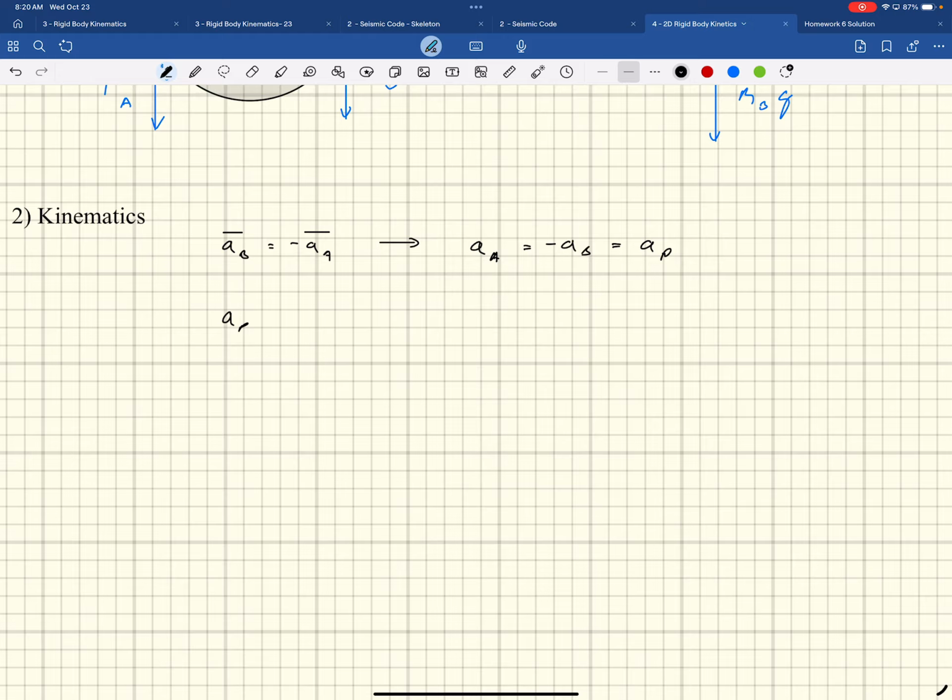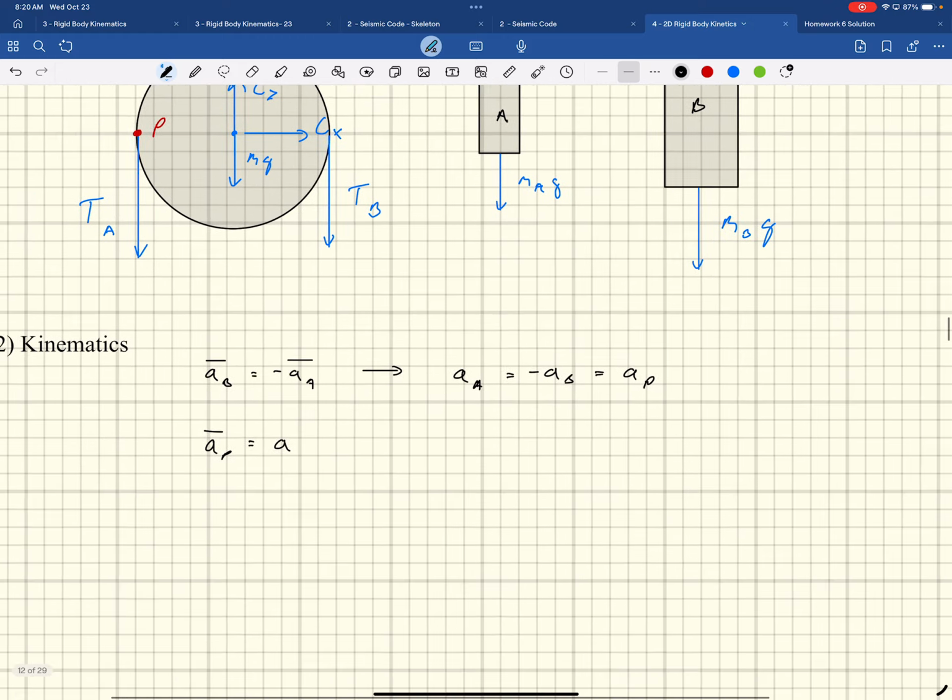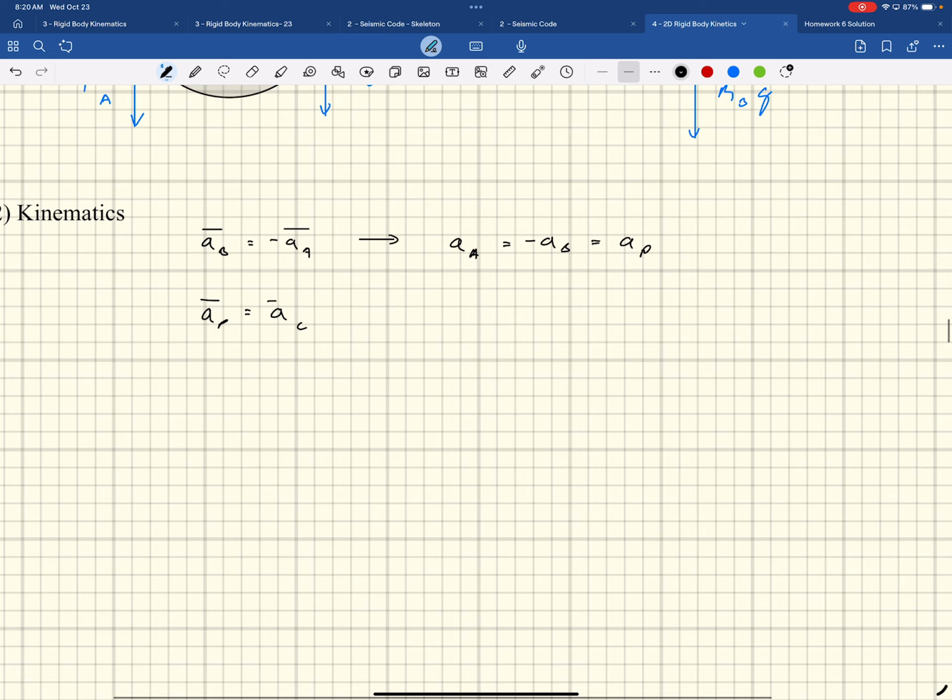AP is equal to AC plus alpha crossed with RP as seen from C minus omega squared RP as seen from C. Okay. The problem statement says that this thing is starting out at rest, so that omega goes to 0. Okay, AC is 0. And then we just plug in our values here.